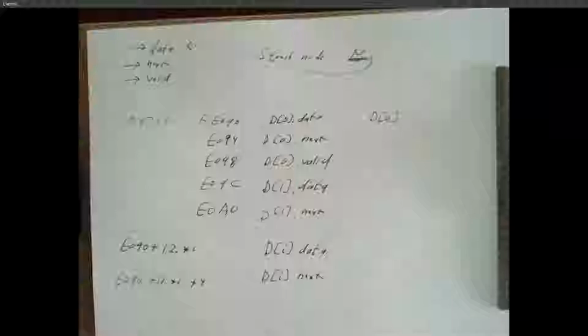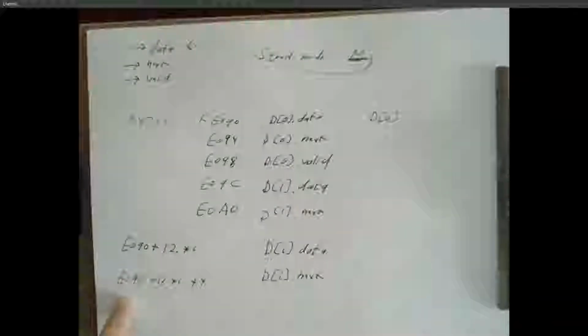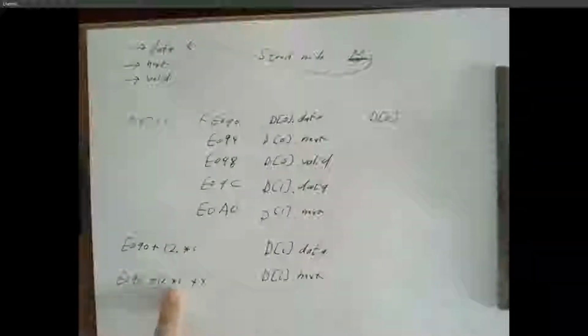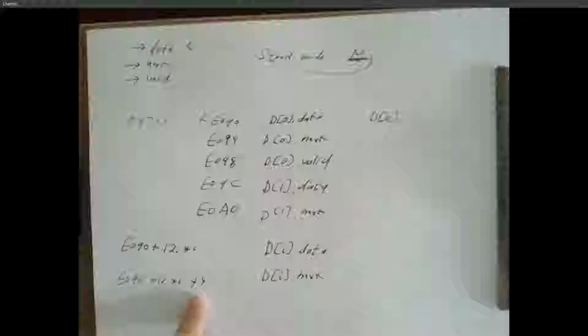And this is all the stuff that the compiler puts in its brain and ponders while it's compiling your program. And in your code, when you say d bracket I dot next, it replaces it with the address where d bracket 0 starts, plus 12 times your index variable, plus an offset of 4.